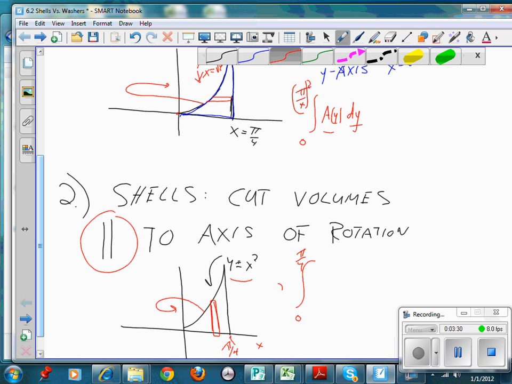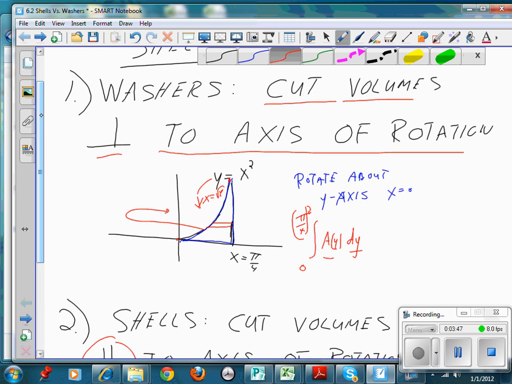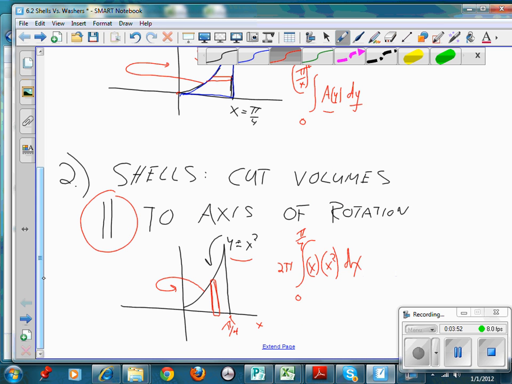It's just going to be 2 pi x times x squared dx. That's not the greatest example, but again, with washers you cut volumes perpendicular; with the shell game you cut volumes parallel. You know what that shell is, right? That thing is rotating around here, giving me a cylindrical shell. There's my volume for the shell that I integrated.